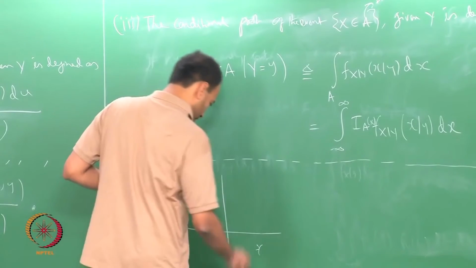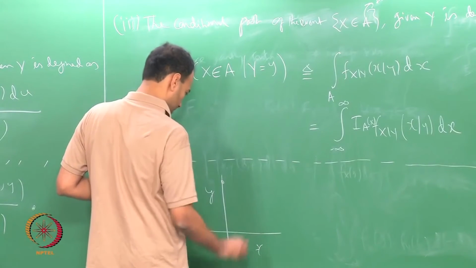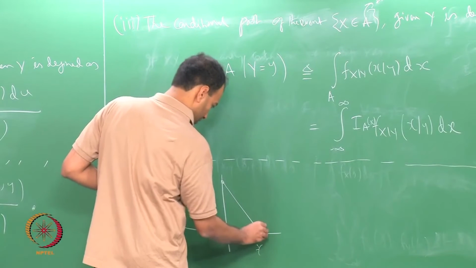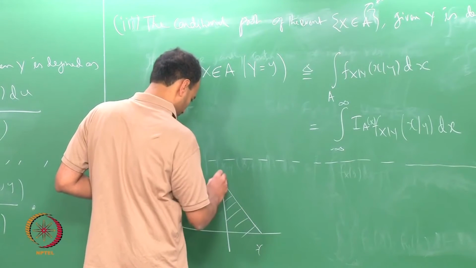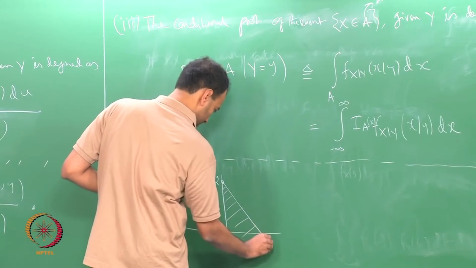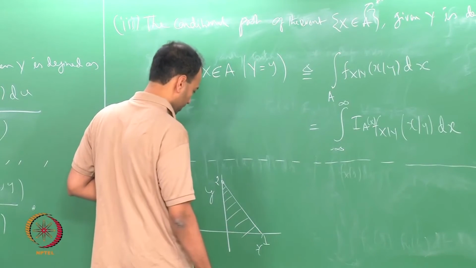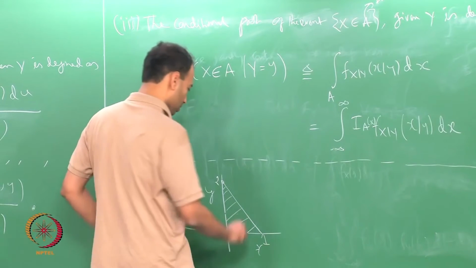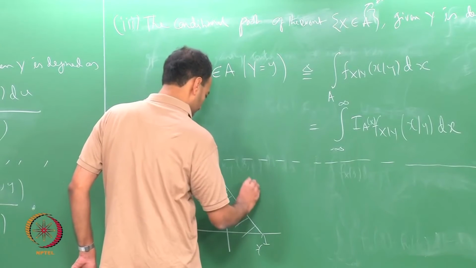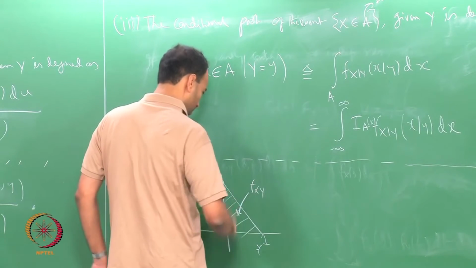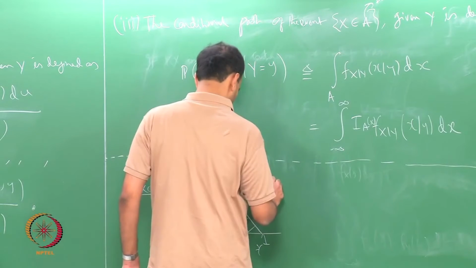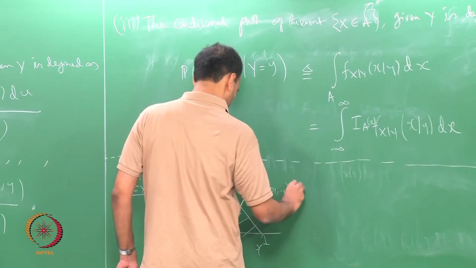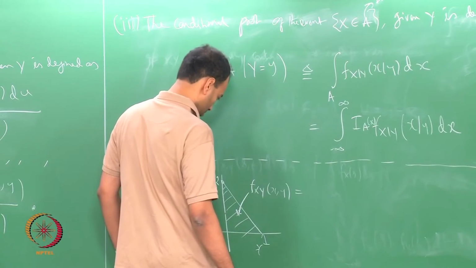Okay, so the example I am talking about, let me just make some example where I have some uniform distribution in this. Okay, so let us say that is 2, that is 1. So in this triangle, I want a uniform density, which means f x y of x y must be equal to 1, isn't it, right.